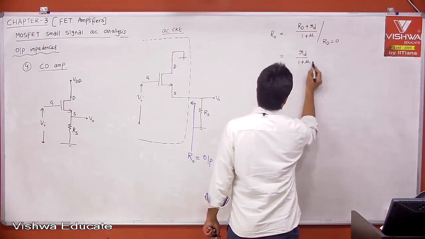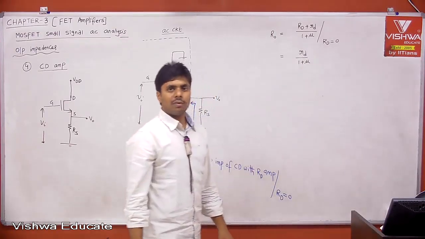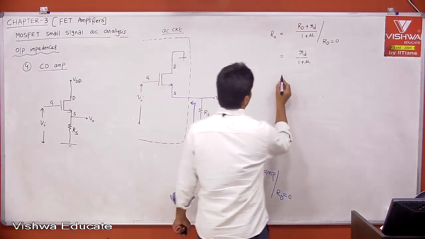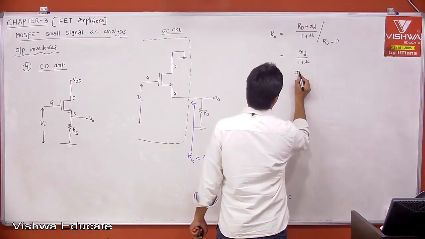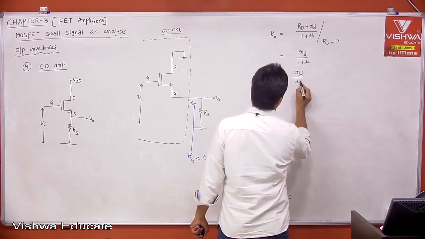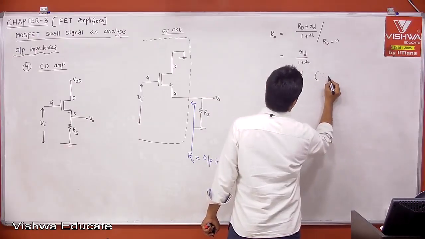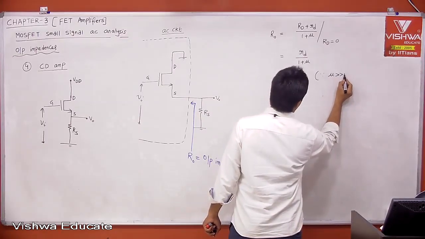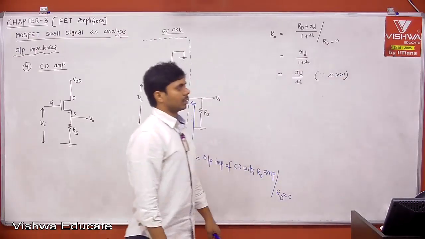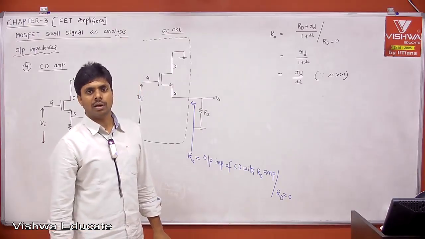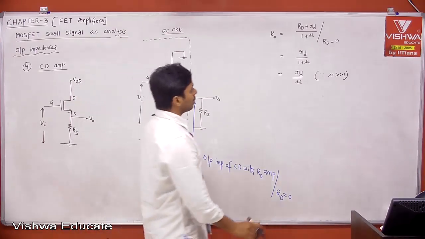Can I treat 1 plus mu as mu? Because mu is very much greater than 1. Therefore, this is approximately rd divided by mu, since mu is greater than 1. Even 30 or more than 10, you can take it as greater than 1. Then what is mu?